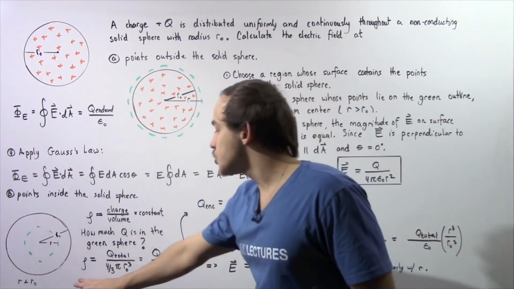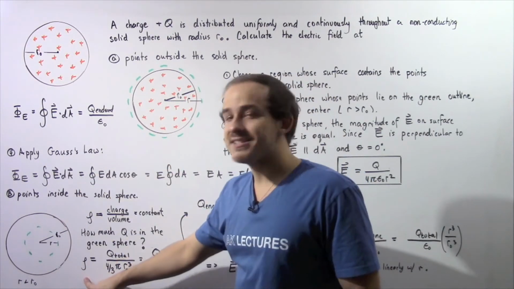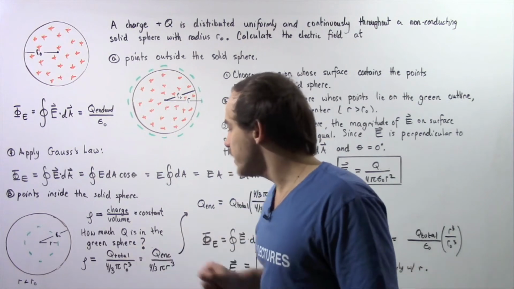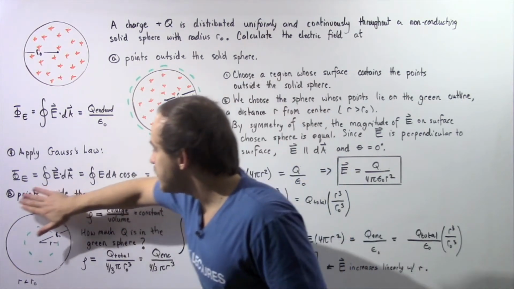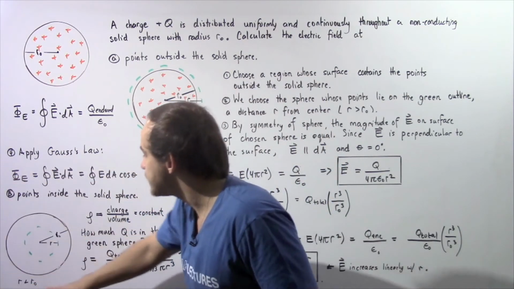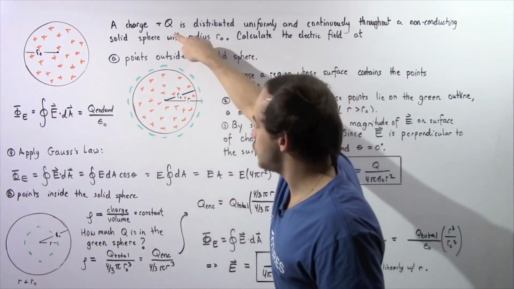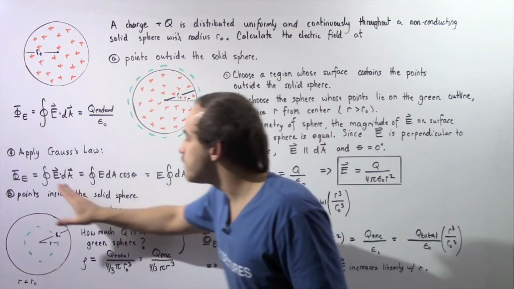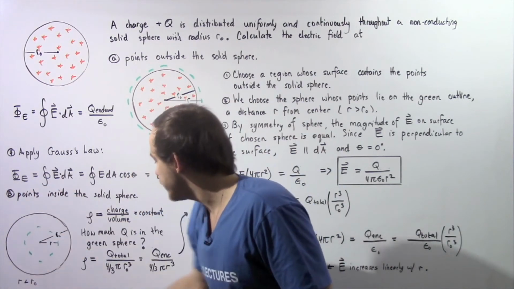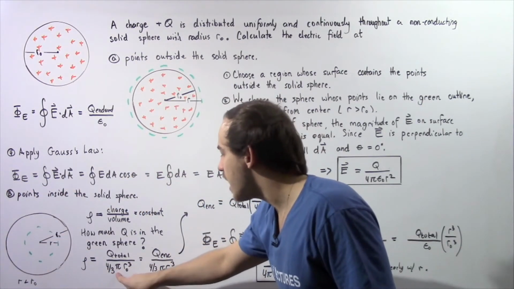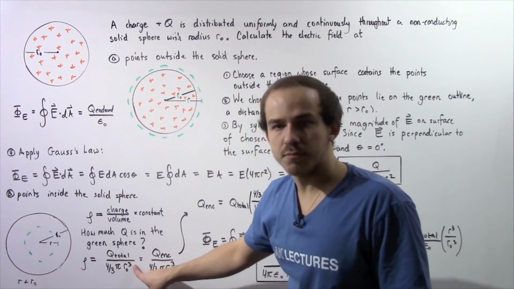So we know our charge density, rho, is constant. So rho is equal to, let's begin with this full solid sphere, Q total, which is simply this Q divided by the volume of that entire region, so 4/3 pi r naught to the third power.